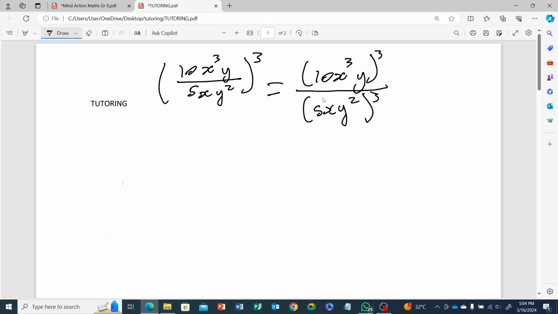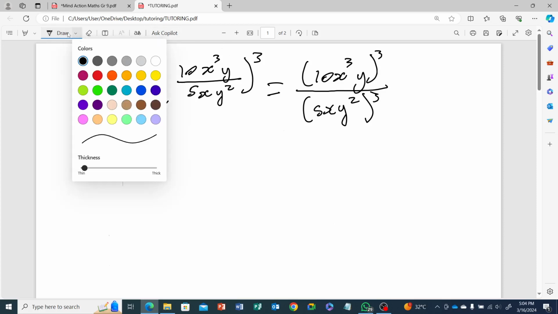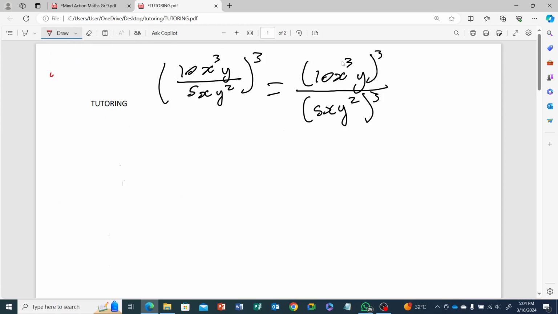Okay, now you can use your distributive law. What does distributive law say? What you need to do with distributive law, you multiply that into the 3 and into 10. Okay, the same with this one. You multiply it into 2 into the power of x into the power of 5.